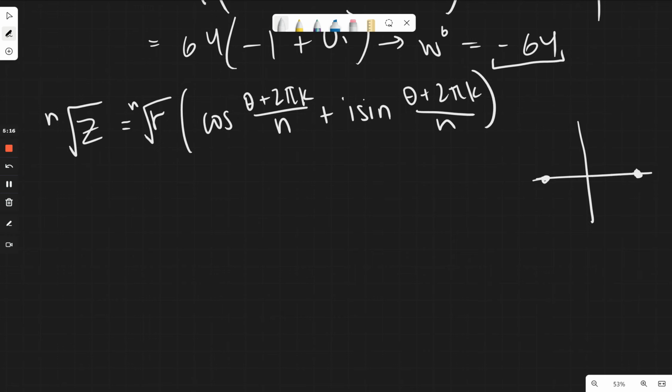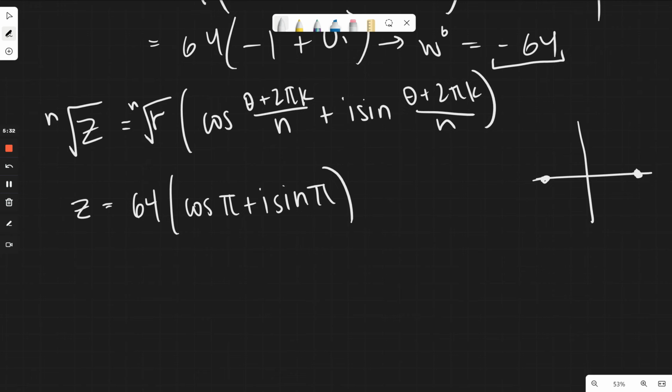And so I'm just going to say that it's over here, because that way we can say that, let's call this complex number z, it's going to be equal to 64 times cosine of pi plus i sine pi, right? Because this means it's 64 times negative 1 plus 0i.